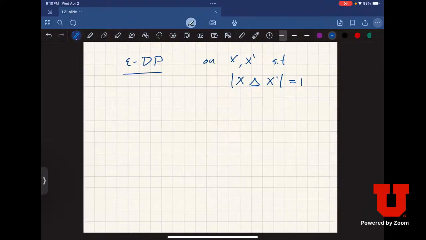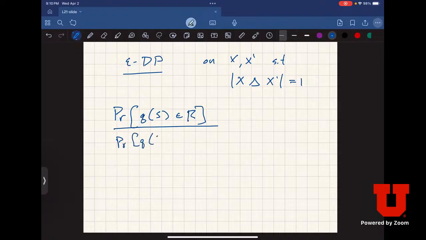Okay. So then for epsilon differential privacy to hold, we want a probabilistic statement that on any query, such as a range query, on the data structure S, we want to see whether this falls into some range of possible values. We want to look at the ratio of this over the query on S prime.